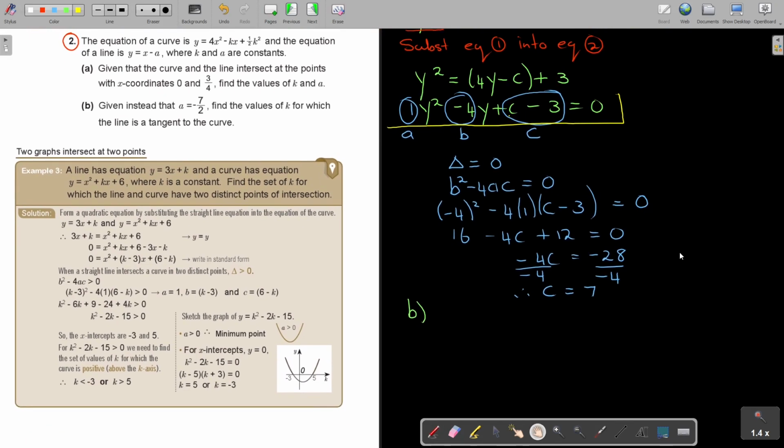So I will just start there, and I will just say y squared minus 4y plus 7 minus 3, and that's equal 0. So y squared minus 4y plus 4 is equal to 0. And now I'm going to factorize.